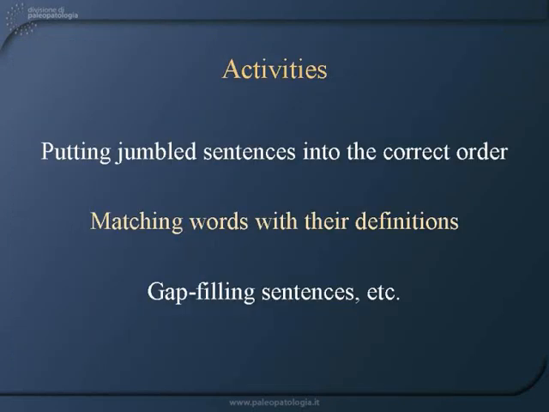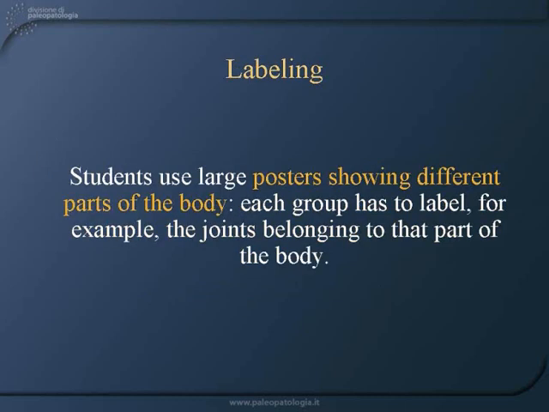The following activities can be performed by the students, for example, putting jumbled sentences in the correct order, matching words with their definitions. This exercise helps the students learn how to formulate a definition, gap-filling sentences, etc. Or labeling different parts of the body.